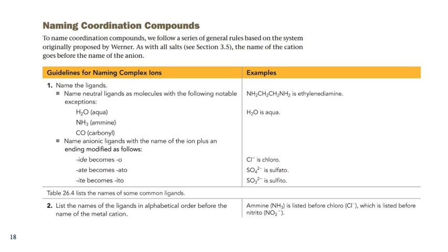So there's another set of rules for naming coordination compounds. The idea here is that you've got a cation and an anion, right? So the first step is you're going to name the ligands, and the neutral ligands, generally their name is just the name of the molecule.